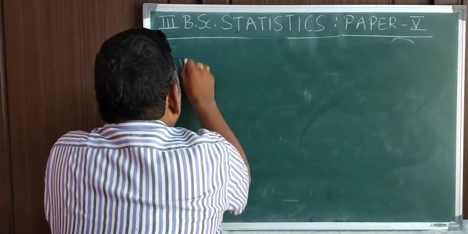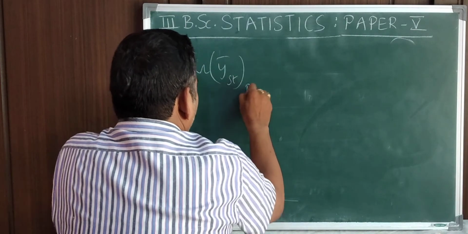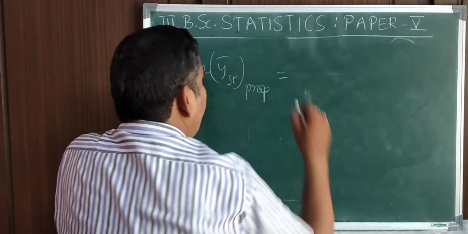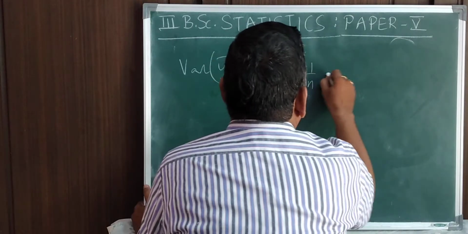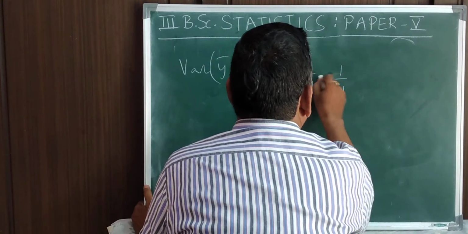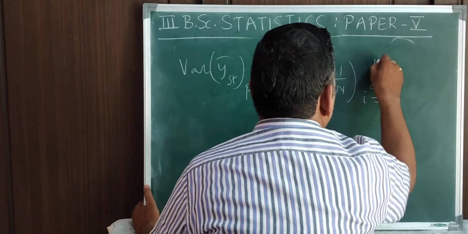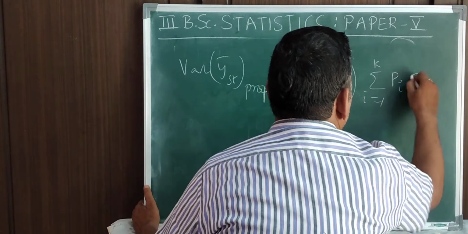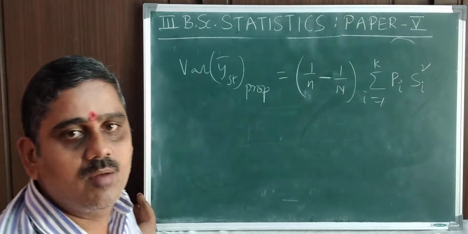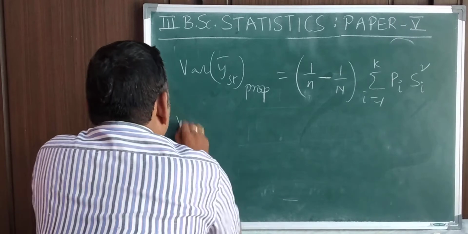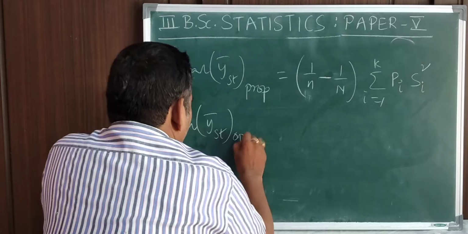I write the formulas. What is the formula of variance of y bar st proportional? It is 1 by small n minus 1 by capital N multiplied by summation i is equal to 1 to k, Pi into Si square. Then what is the formula of variance of y bar st optimum allocation?